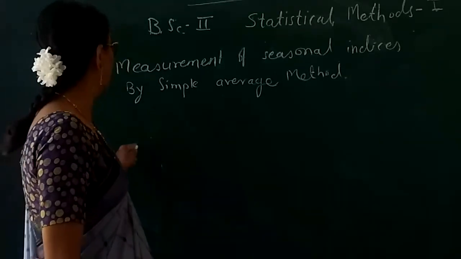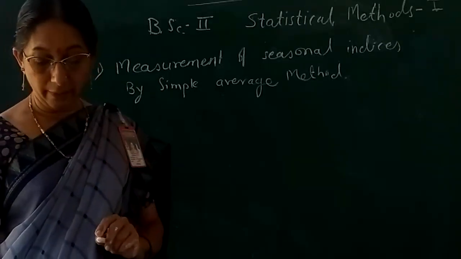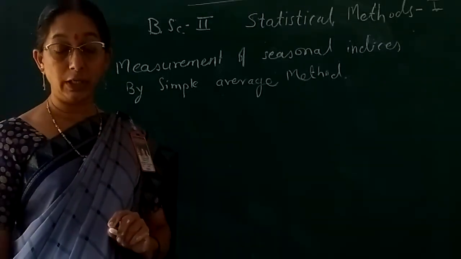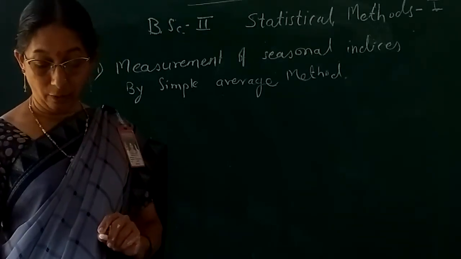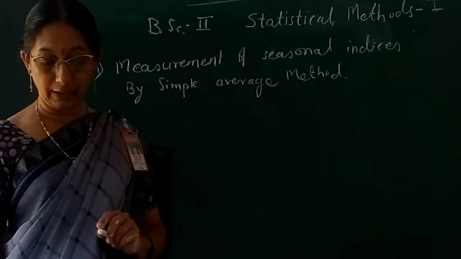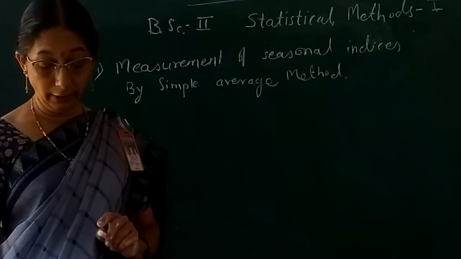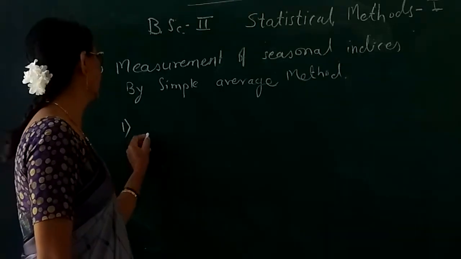In this method, the following steps are involved. First, average the data according to season, which may be weekly, monthly, quarterly, or any other span of time within a year. Suppose there are K seasons.